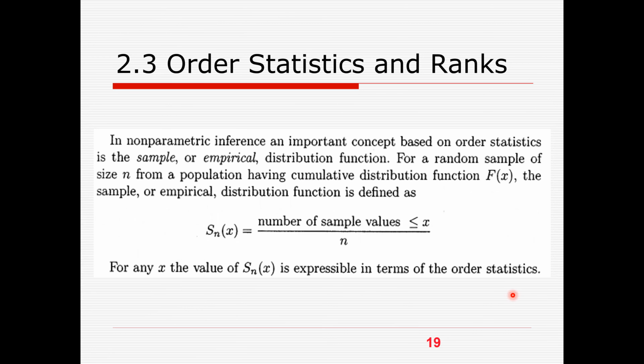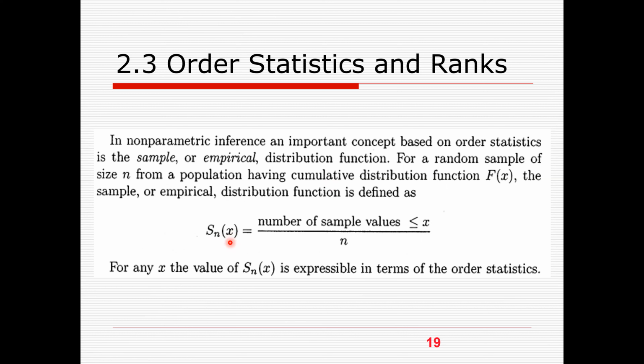So in nonparametric statistics, an important concept based on order statistics is the sample distribution function, or empirical distribution function. We use SDF for short, and we use capital S with a subscript n to represent it.